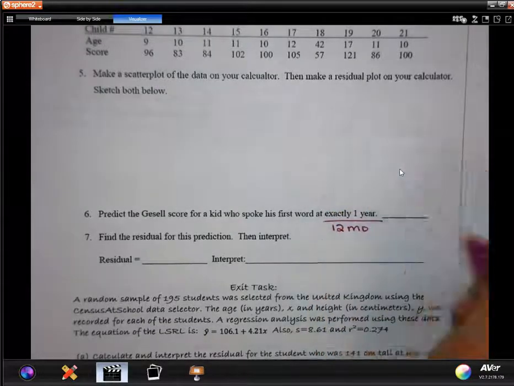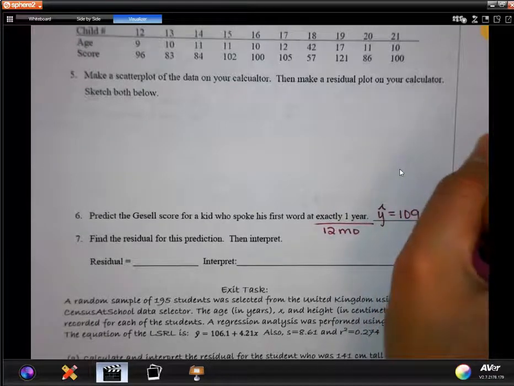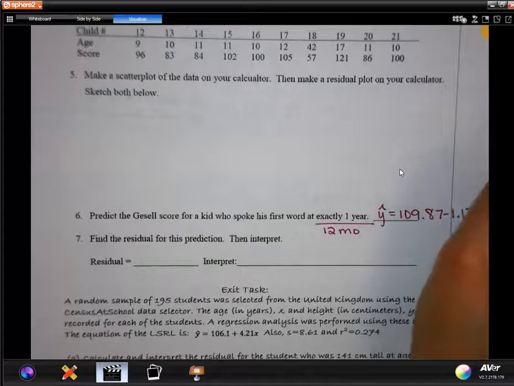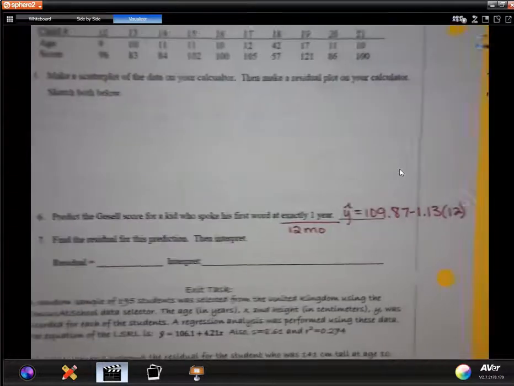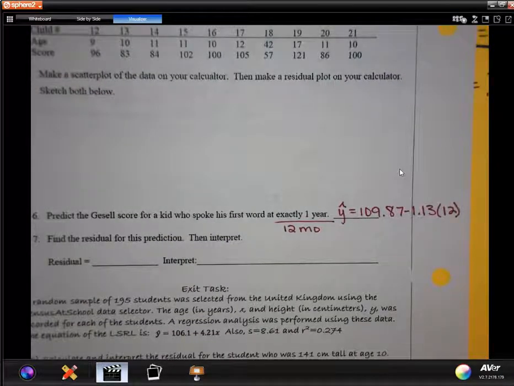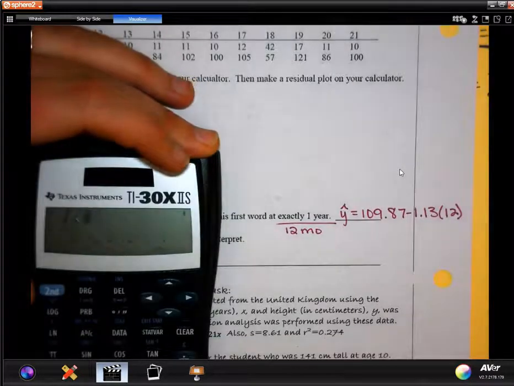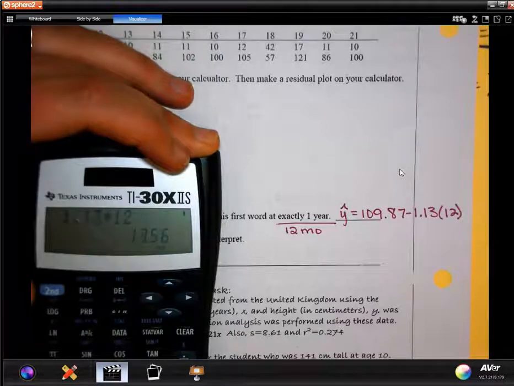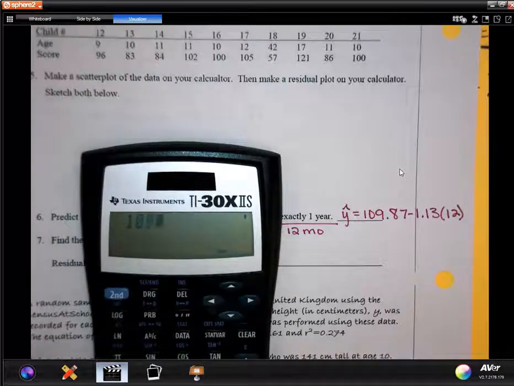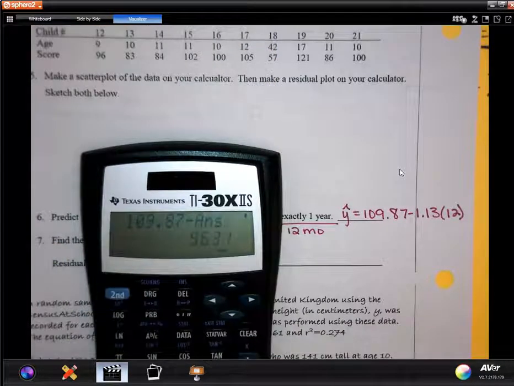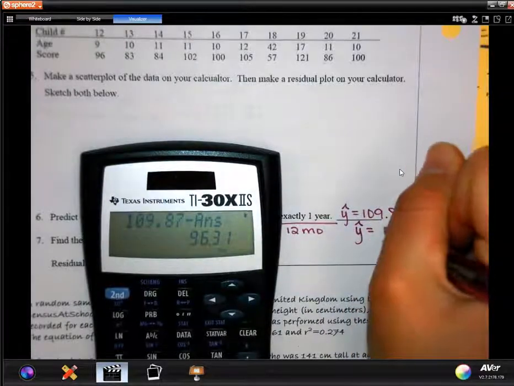So we're going to put 12 into our equation for x. 1.13 times 12, and then 109.87 minus that. So we predict their aptitude score is going to be 96.31.